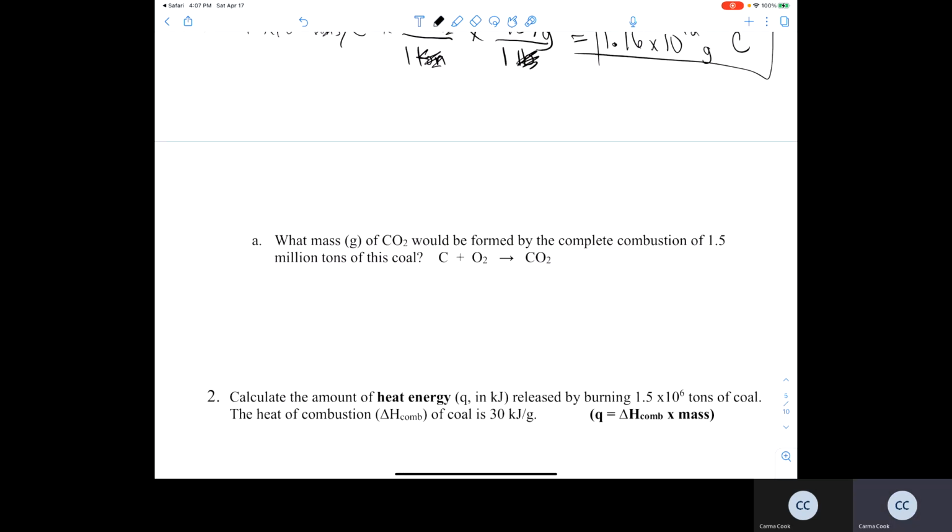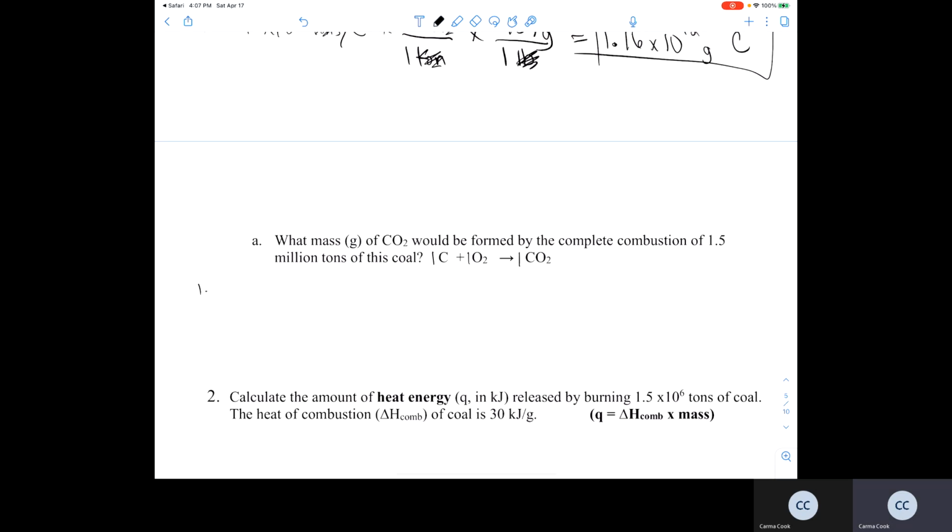In the next part, what mass of carbon dioxide in grams would be formed by the complete combustion of, again, 1.5 million tons of coal, which is 1.5 times 10 to the 6? Well, this is our balanced reaction of carbon reacting with oxygen to produce CO2.